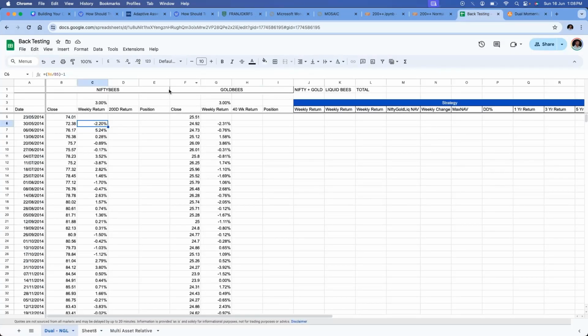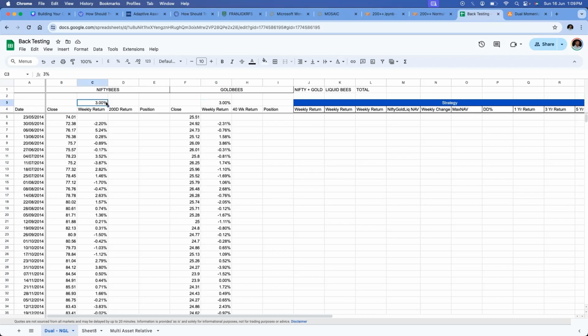So for simplicity, I took 3%. This number might be different now. Now it is in fact higher, but on the conservative side, assuming that in 200 days, the risk-free rate that you could get by either investing in government securities or FD is 3%. That is what I've ensured here.